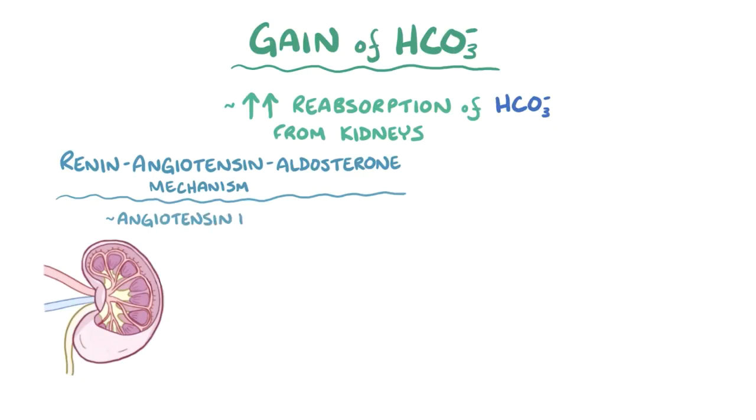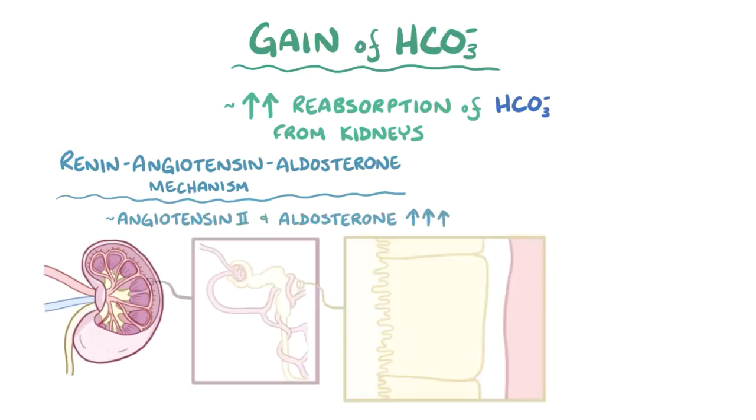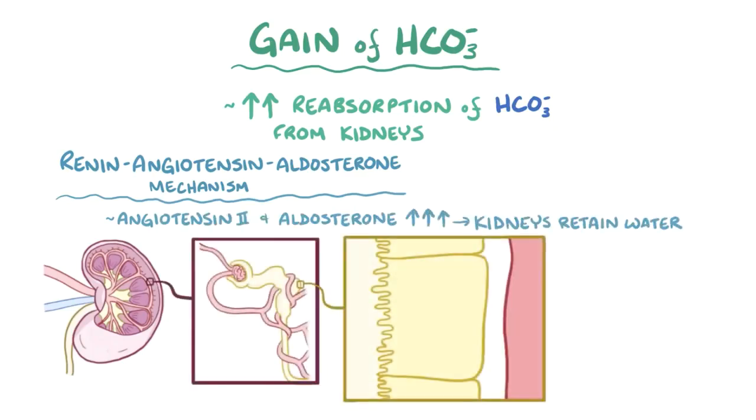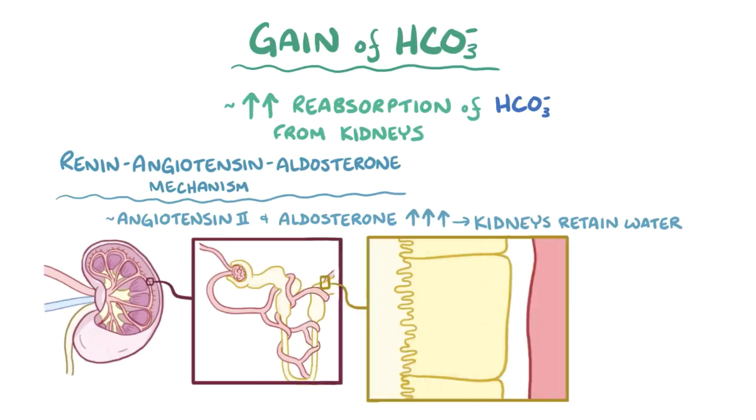As a result, angiotensin II and aldosterone levels rise, and the kidneys start to retain water and reabsorb more bicarbonate in the proximal convoluted tubule. In addition, the alpha intercalated cells of the distal convoluted tubule and the collecting ducts secrete more hydrogen ions into the urine. But most importantly, they also make new bicarbonate ions, which will again get reabsorbed.